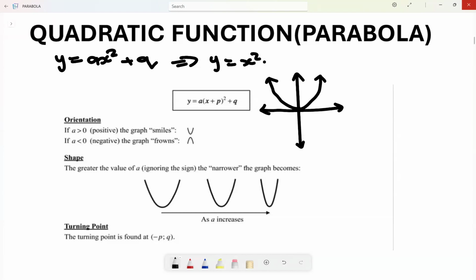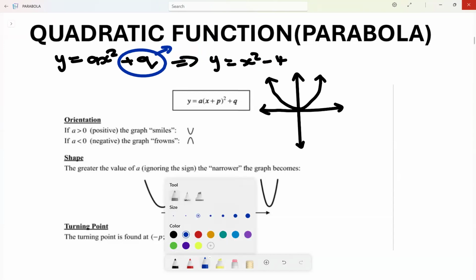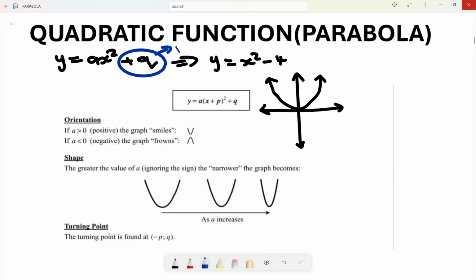But now we also had maybe minus 4, where we were shifting downwards. This is what we refer to as the vertical shift. Vertical shift means it can only go upwards or downwards.